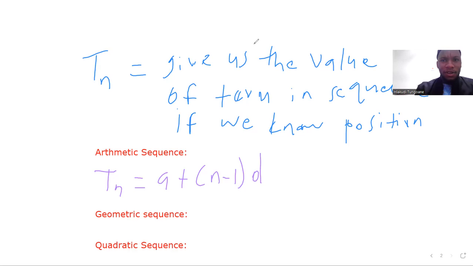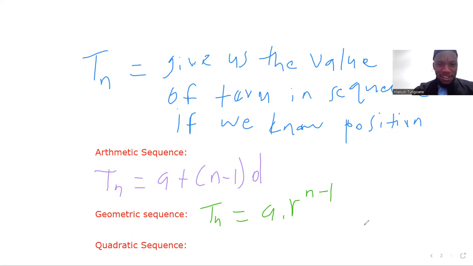And then for geometric, we have Tn equals A R to the power n minus 1. So this is R. Yeah, now it looks much better.